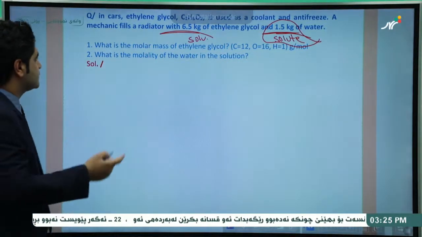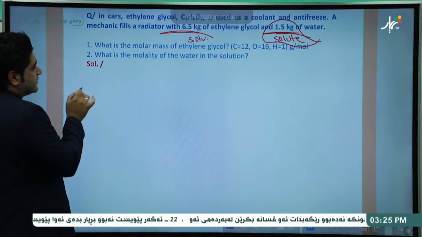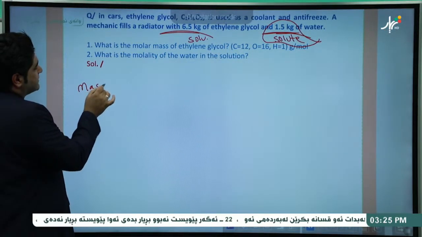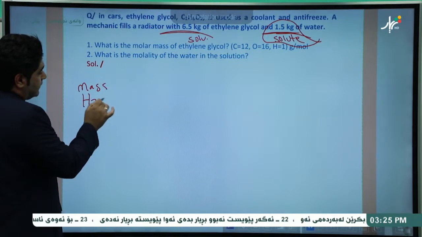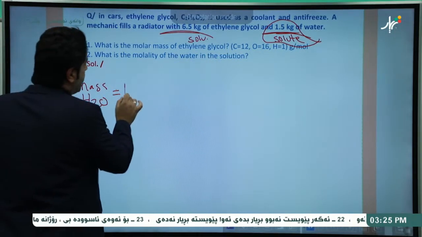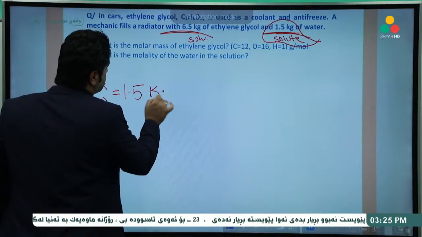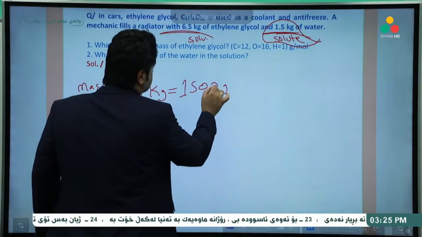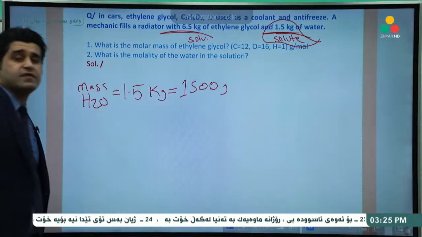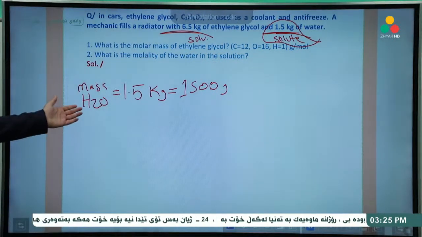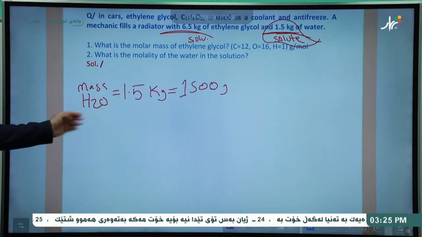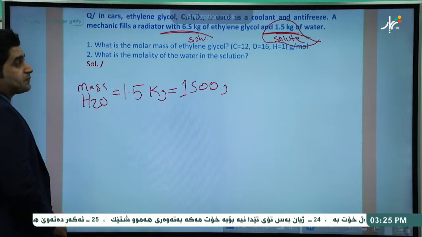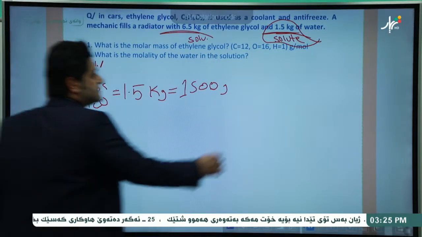Of course, gram. So the first thing, we have to convert mass of water, which is 1.5 kilogram, into 1,500 grams. Just multiply it by 1,000, and you will get 1,500 grams.